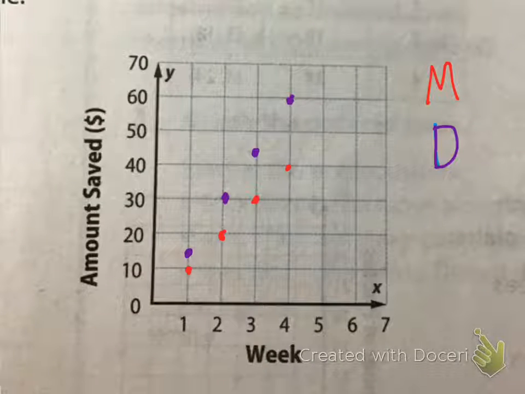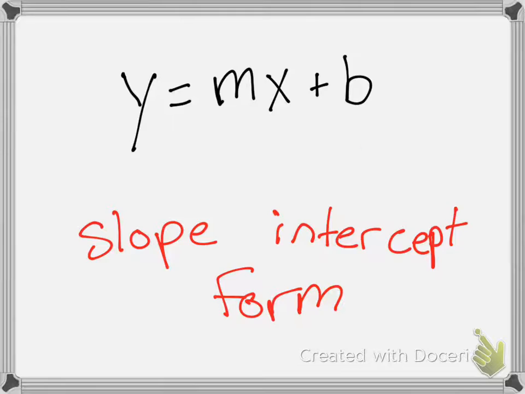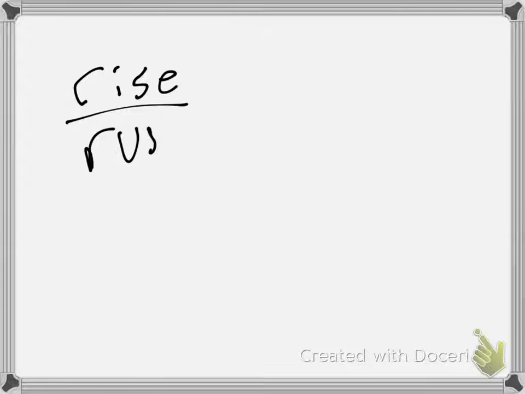We're going to be looking back at this formula, rise over run. Rise over run is how we're going to find out one of the pieces of our equation. So rise over run.